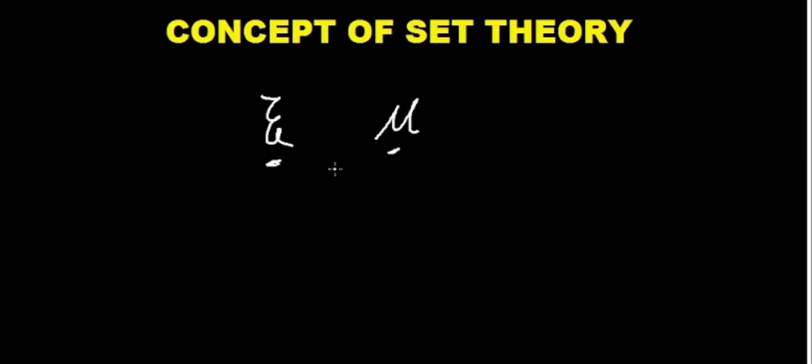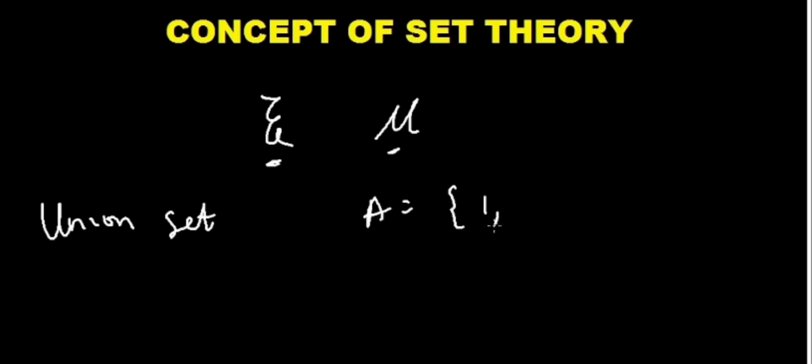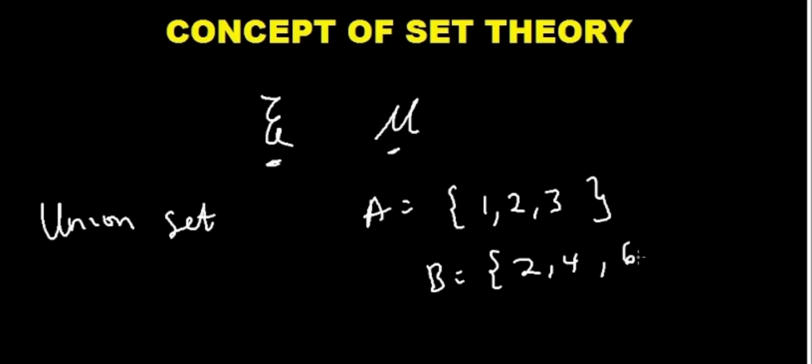Okay, so the next one is union set. What's a union set? Union set is the union of 2 or more sets to become a single set, joining 2 sets together or 2 or more sets together. Let's assume I have a set A: 1, 2, 3, and I have a set B: 2, 4, and 6.